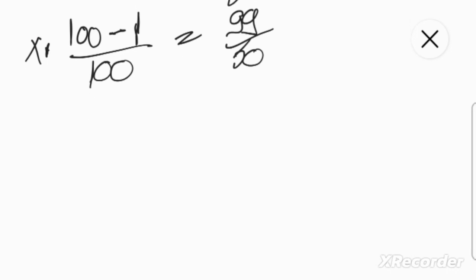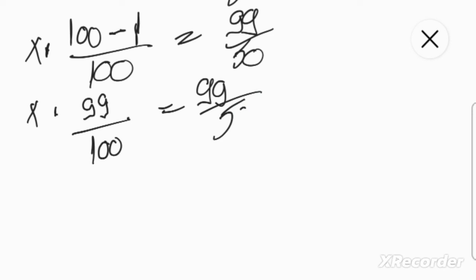Yes? After that, we have x multiplied by 99 over 100 equals 99 over 50.